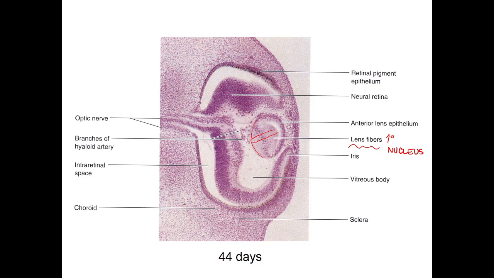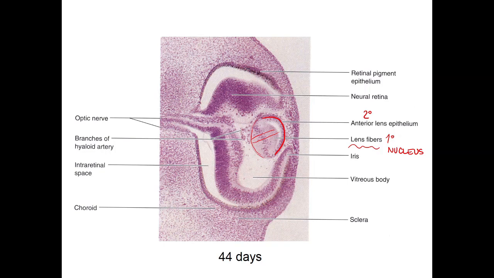And then we have the anterior epithelium. Anterior lens epithelium will also proliferate, and these cells will also elongate, and they will create secondary lens fibers. The secondary ones, you can also see in the specimen on our slides of the eye, along with the primary ones. These fibers are on the periphery, and they contain nuclei.